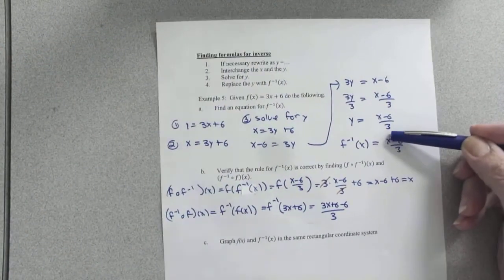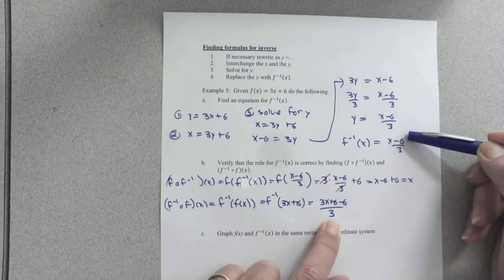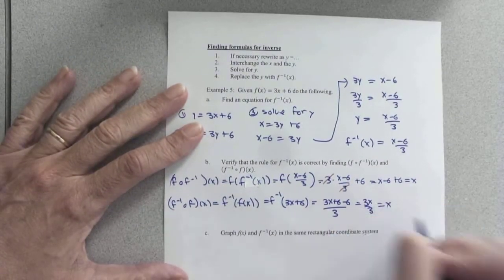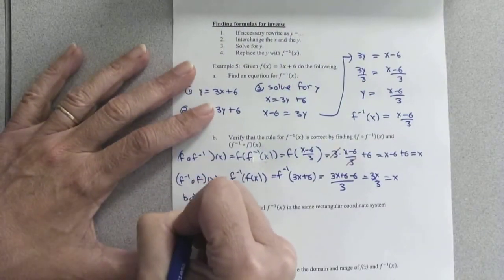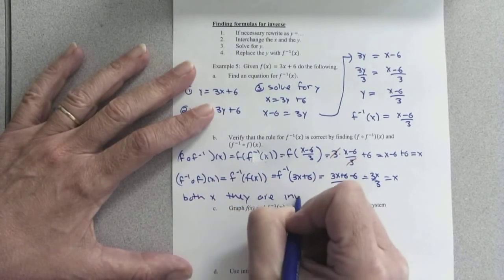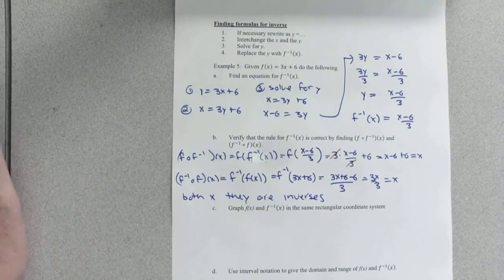So here's my formula. I start with x. I do the replacement, 3x plus 6. Then I keep the minus 6 and the 3. And I get 3x over 3. I get x. And because they're both x, they are inverses. So we know that our formula is right.